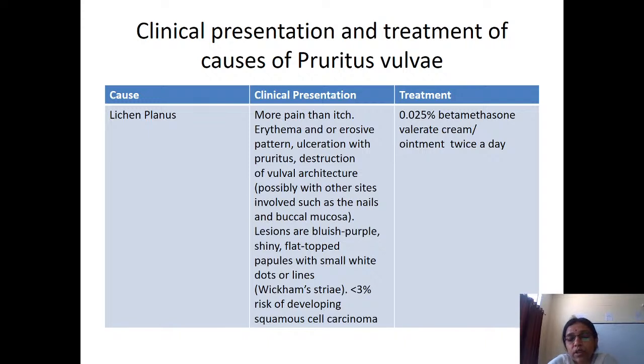Wickham striae is characteristic of lichen planus lesions, and there is always again the chance of turning into squamous cell carcinoma. So again these women with this condition need careful surveillance. The treatment involves usage of 0.025% betamethasone valerate, either in the form of cream or an ointment, twice a day. So this is the treatment for lichen planus.